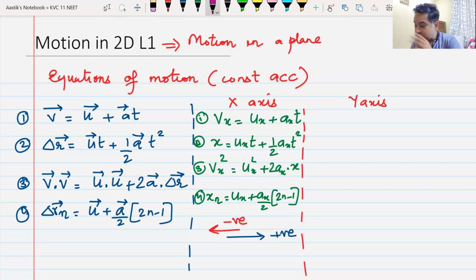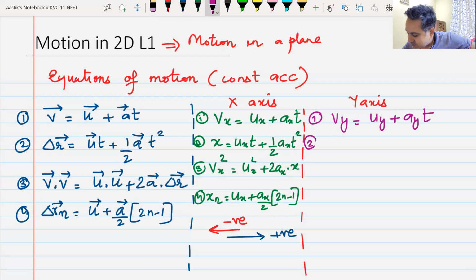Similarly, we can make equations on y-axis. What will be the first equation on the y-axis? Can anyone tell me? Vy is equal to uy plus ay t. Well done.